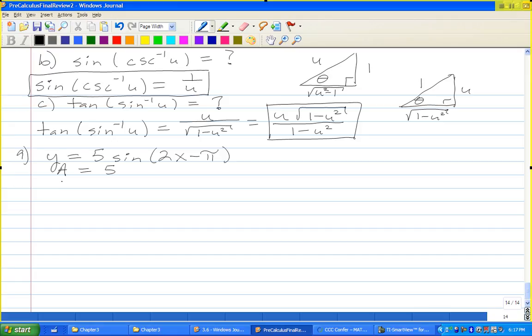The period will be pi. So let's do this. 2, 4, 6. 2, 4, 6.